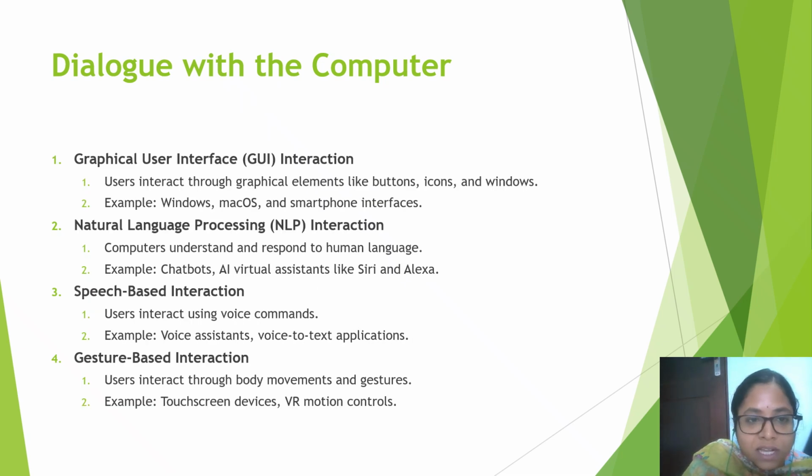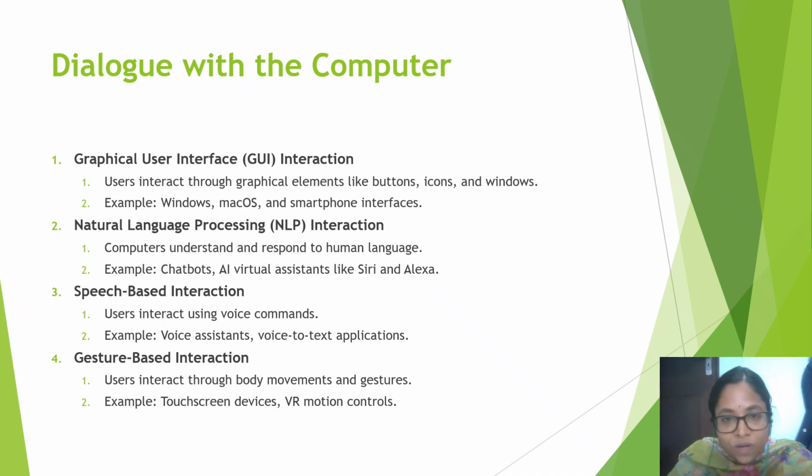The next one is the graphical user interface, GUI interaction. Users can interact through graphical elements like buttons, icons, and windows. Examples: in Windows, Mac OS, and smartphone interfaces, we can make use of GUIs for communication. Next one is natural language processing, NLP interaction.